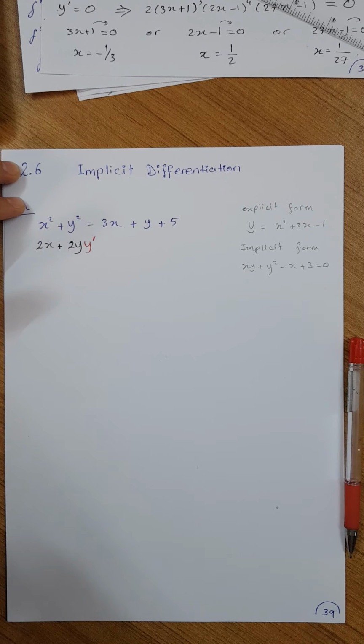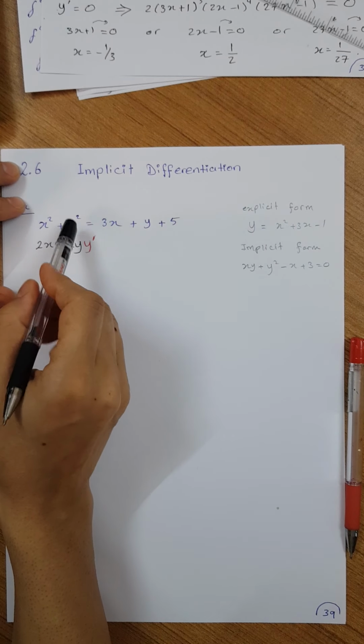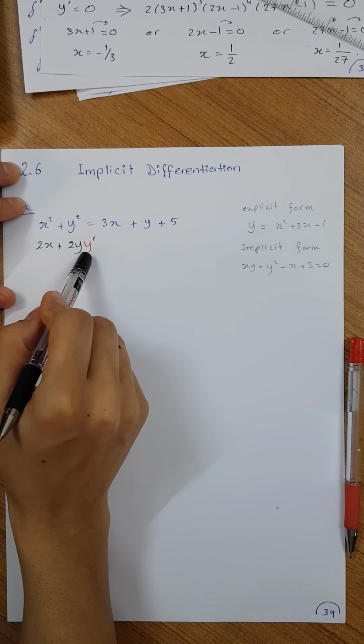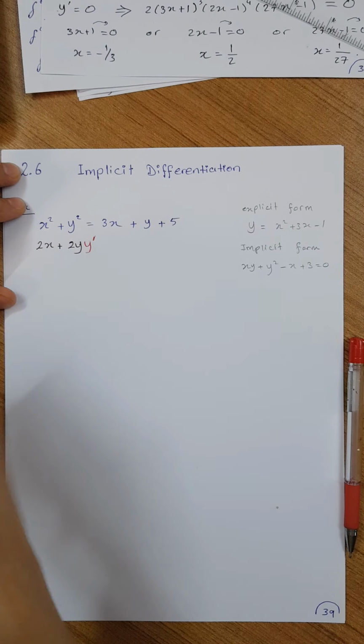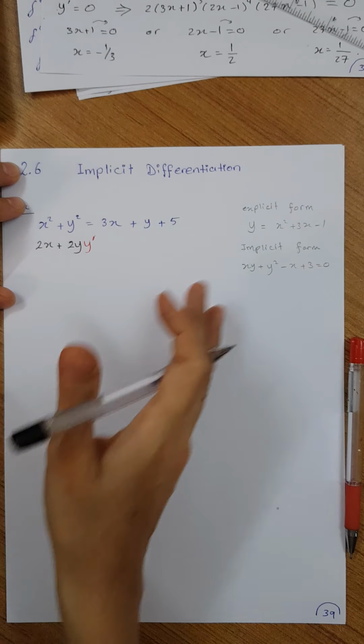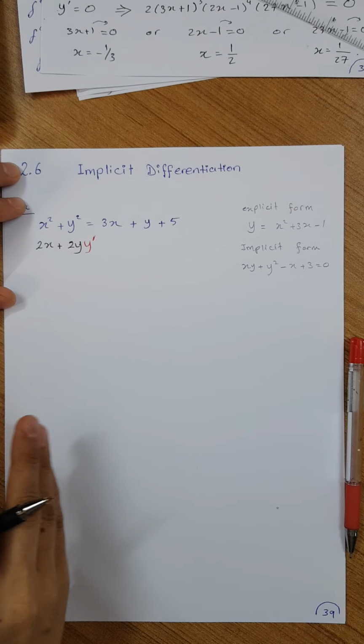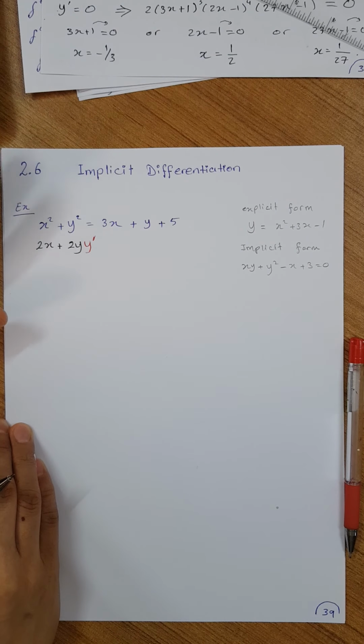Whenever you see y and you're taking the derivative of that y, you have to multiply it by y prime. That's the only difference between the explicit forms that we were finding the derivatives of and these ones. Of course, the general idea of finding the derivative is the same, and the rules are the same.